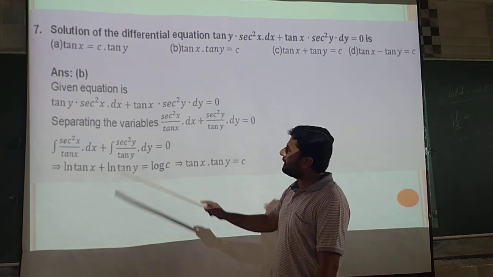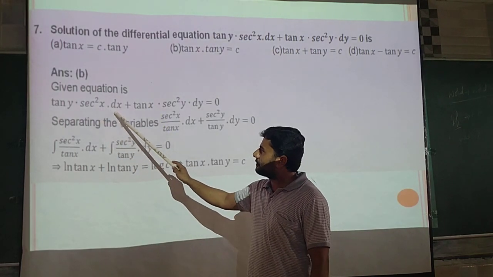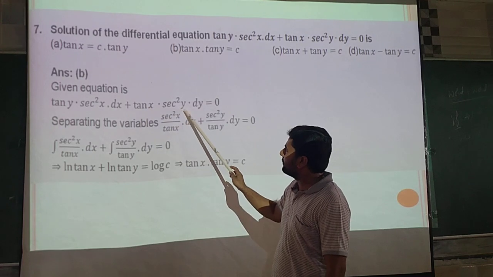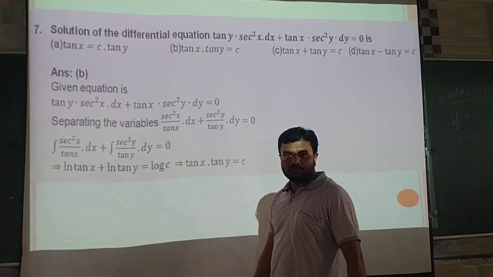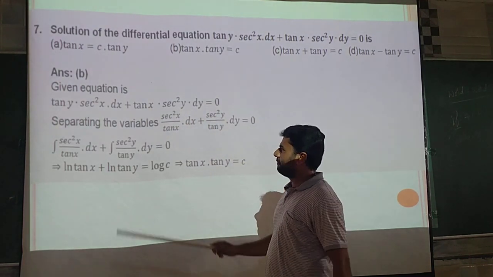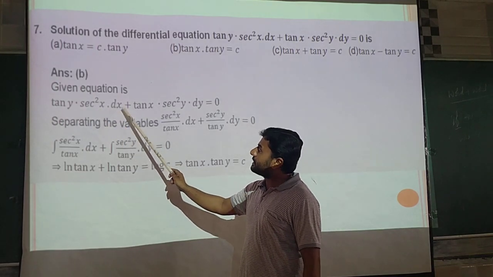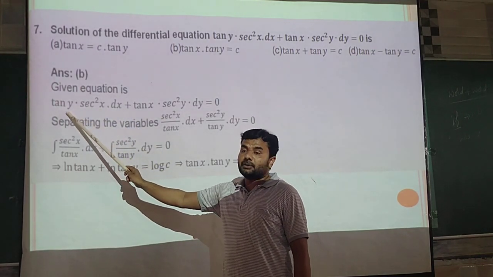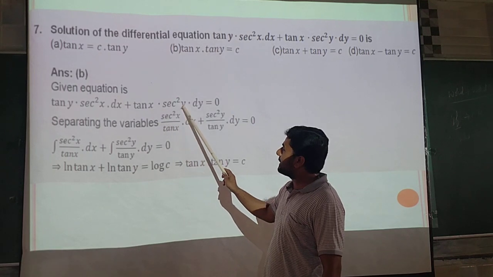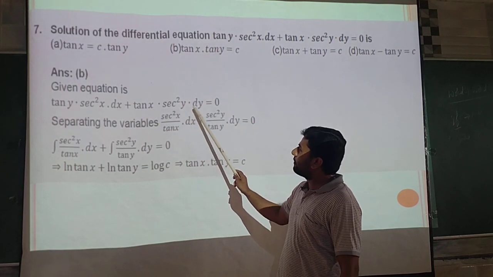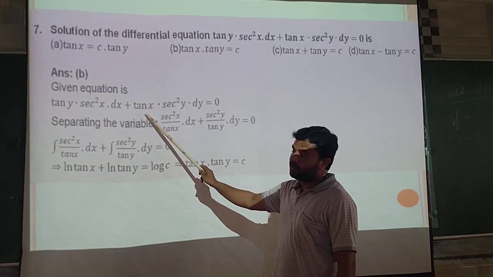The given equation is tan y sec²x dx + tan x sec²y dy = 0, which is solved by the variable separable method. Because sec²x is with respect to x, we don't want tan y. Here also, in tan x sec²y dy, sec²y is with respect to y, so tan x we don't want.